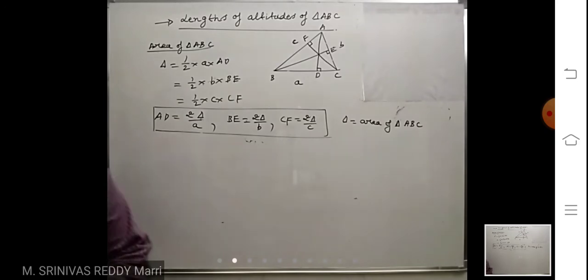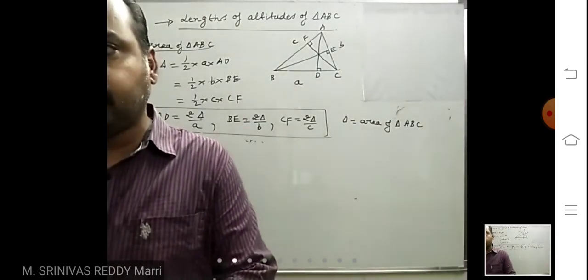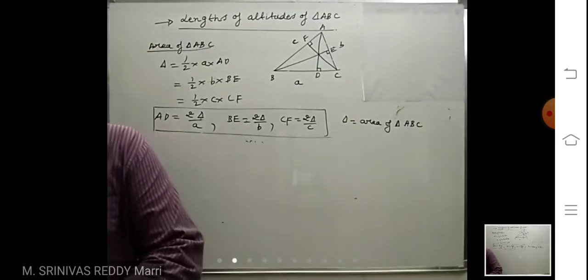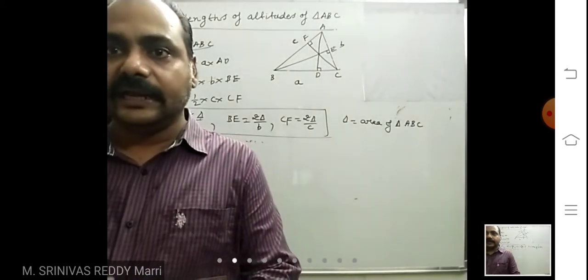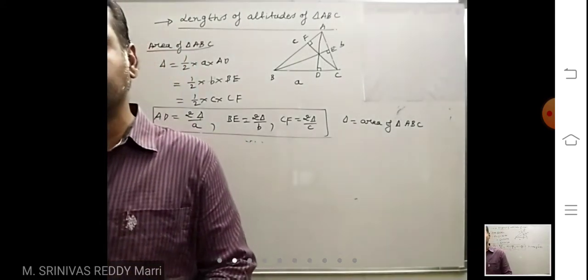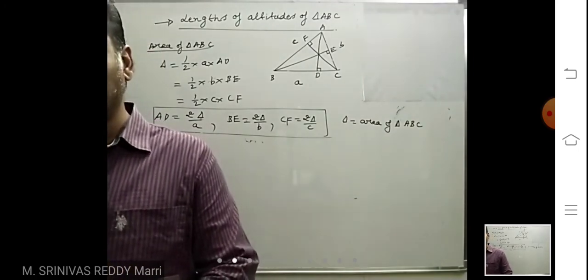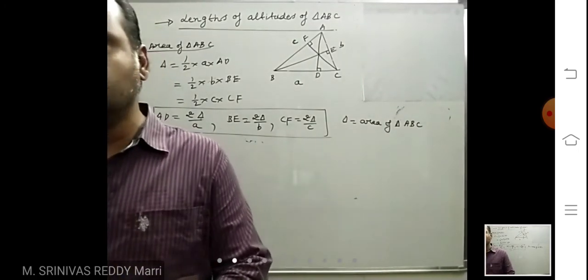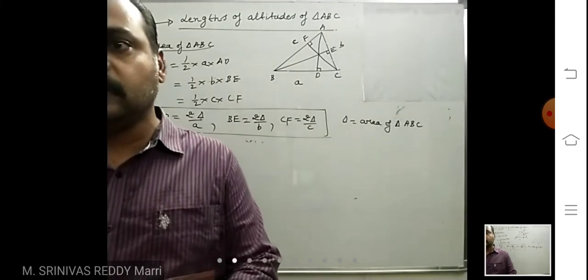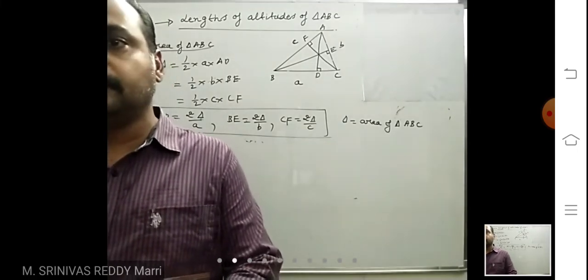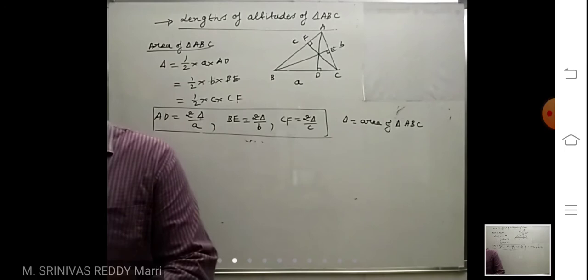Right? Delta formula you can use anything. Area of triangle ABC has so many formulae. Delta you can write root of s into s minus a into s minus b into s minus c, or half ab sin C you can write, half bc sin A you can write. Depending on the problem, we will use the delta formula. Right?